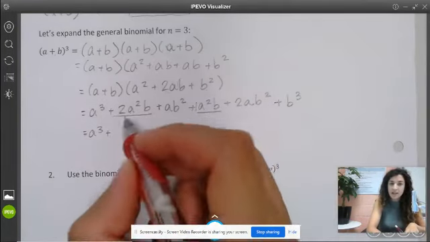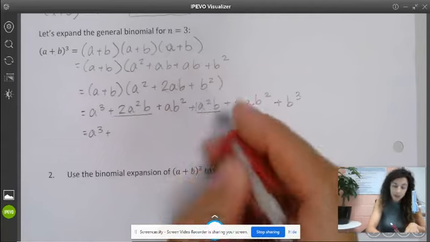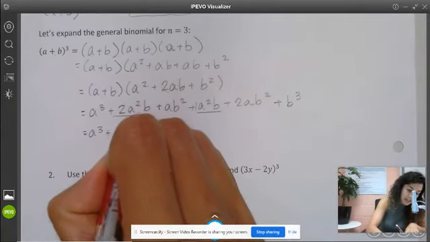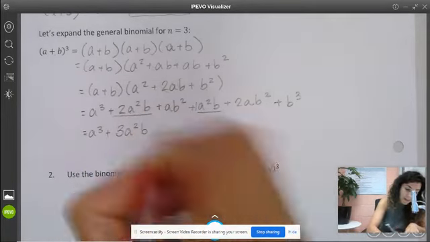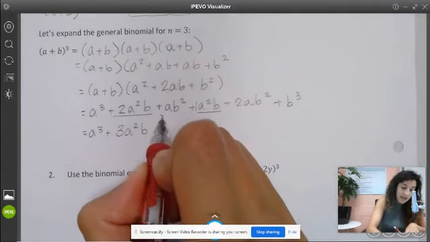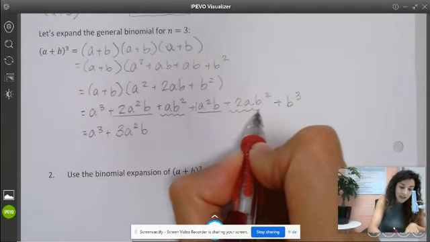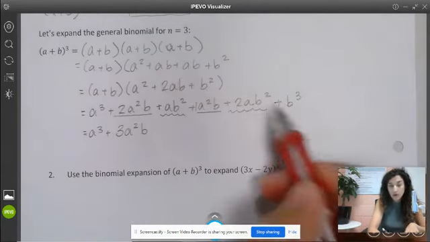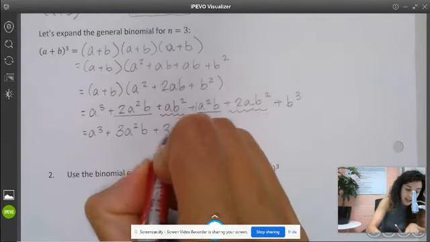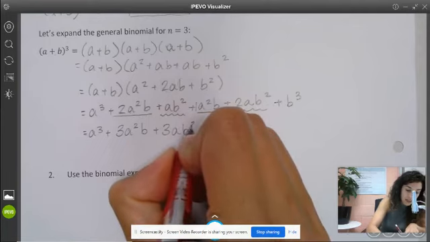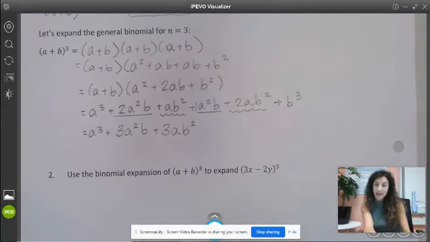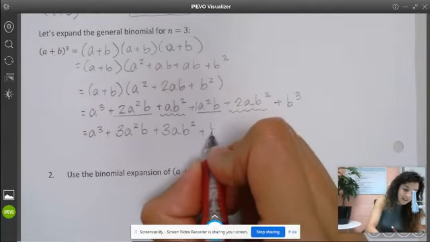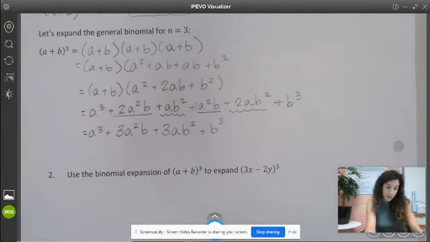So I know that this is 1 plus 2 of these terms, and that becomes 3a squared b. I've then got an ab squared in two separate situations, one of them right here and 2 of them over here. They add together to be 3ab squared. Then our final term is b cubed.